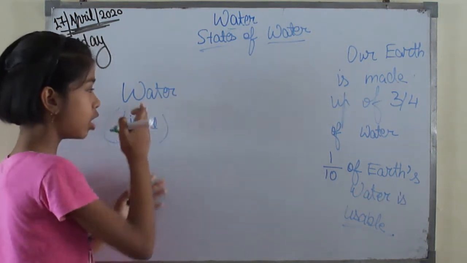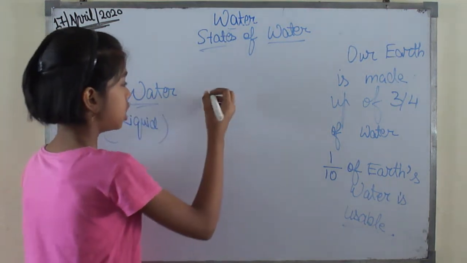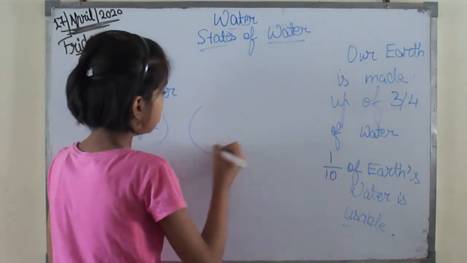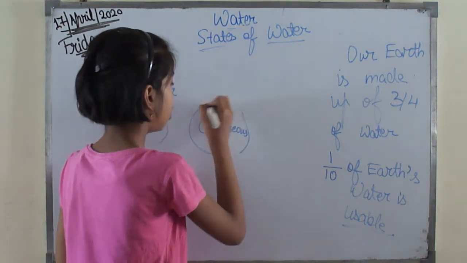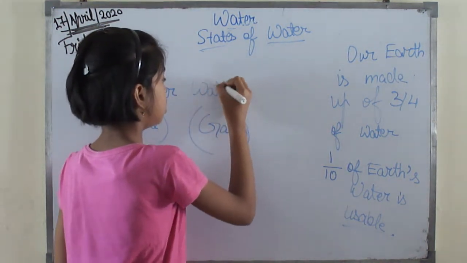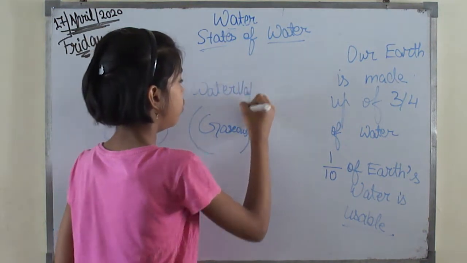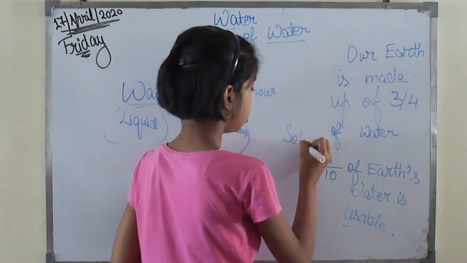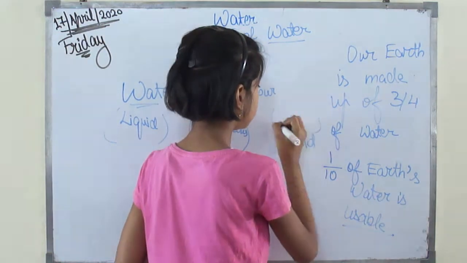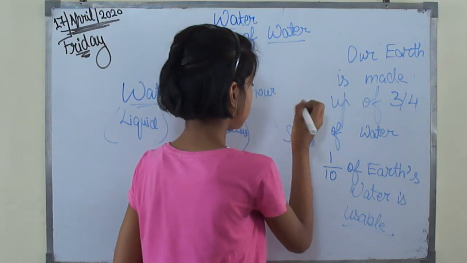The liquid form is what we call water, the gaseous form of water is water vapor, and the solid form of water is ice. You know that?